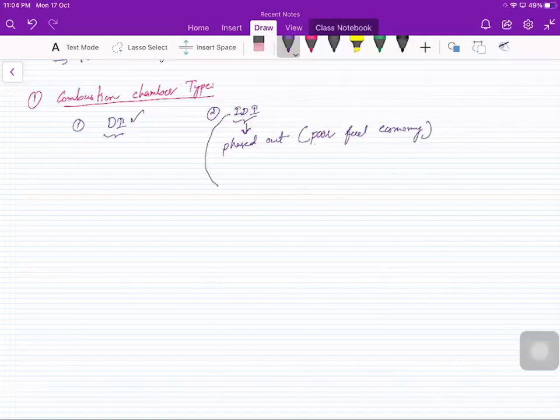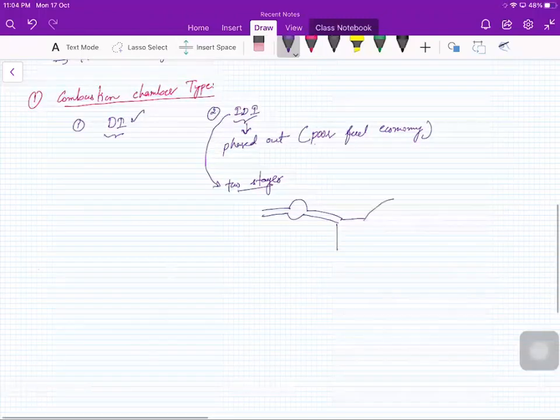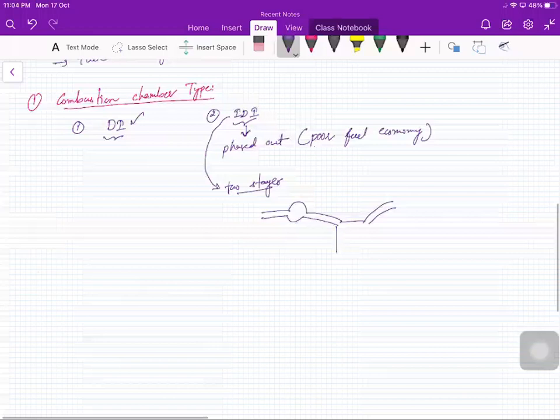In this IDI, the combustion happens in two stages. Just we'll see how the combustion happens inside an IDI. Consider this as an inlet, and this is your exhaust or outlet.